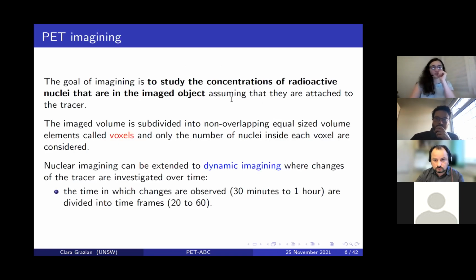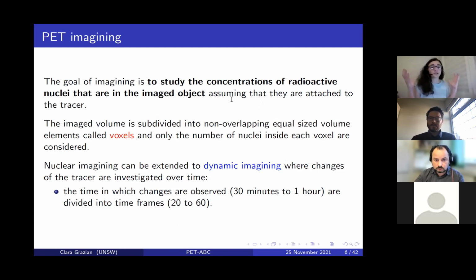So what you obtain from PET imaging is, of course, images. The goal of the imaging is to study the concentration of radioactive nuclei coming from the object from which we are taking the image.